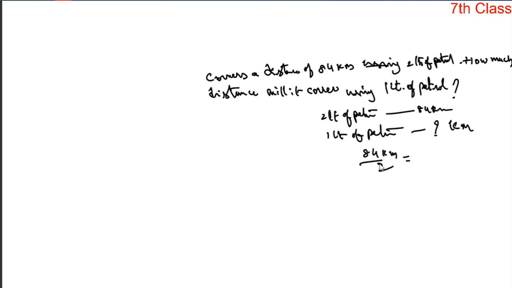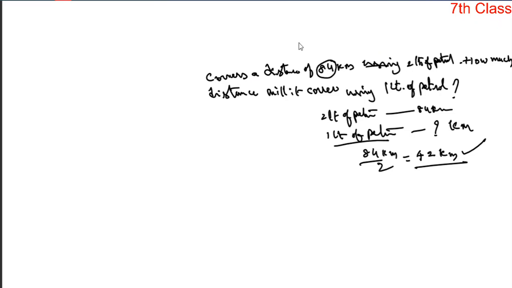So we know the division of numbers. 84 divided by 2 is 42. That means by using 1 liter of petrol, it covers 42 kilometers.